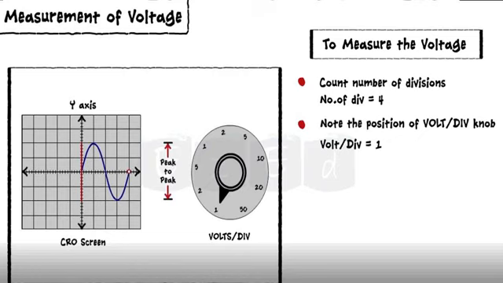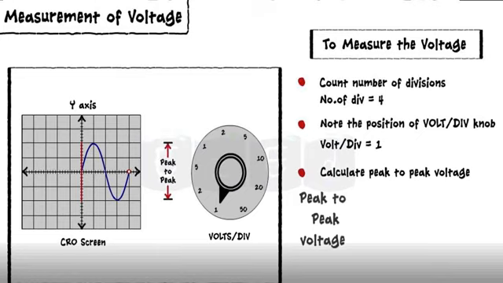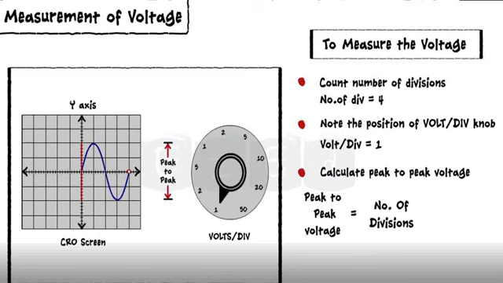What will be the formula to calculate the voltage? That is, peak to peak voltage is equal to the number of divisions on the y-axis multiplied by volt per division.